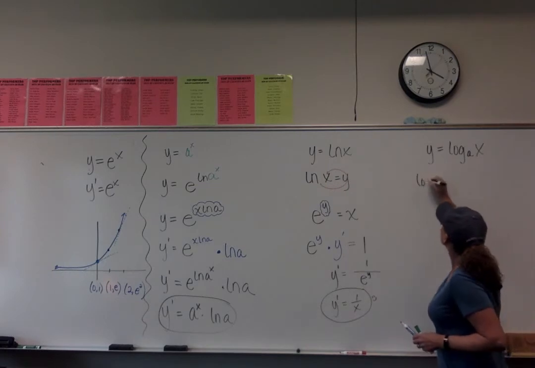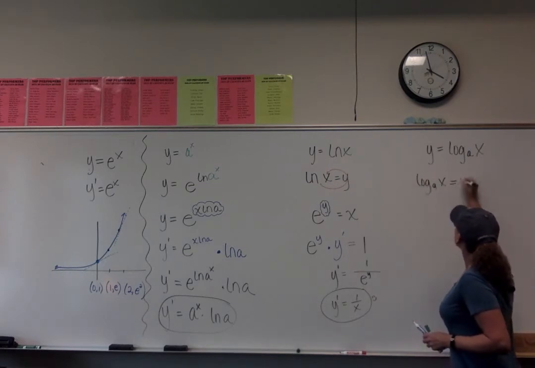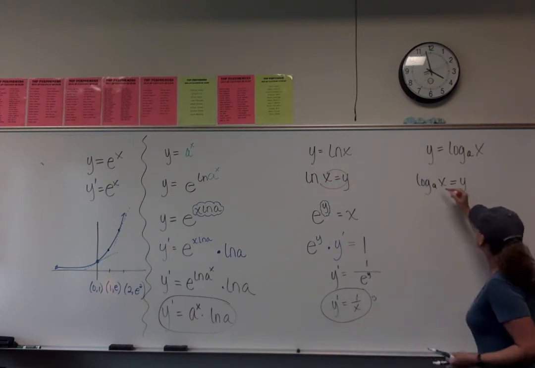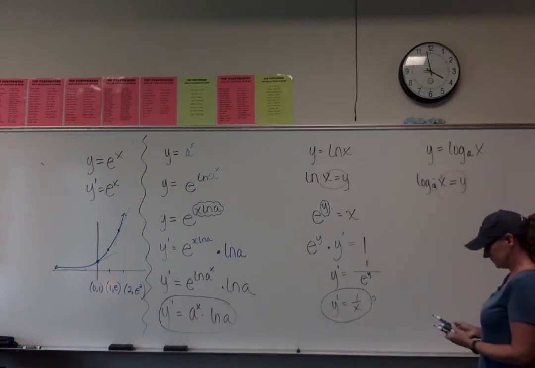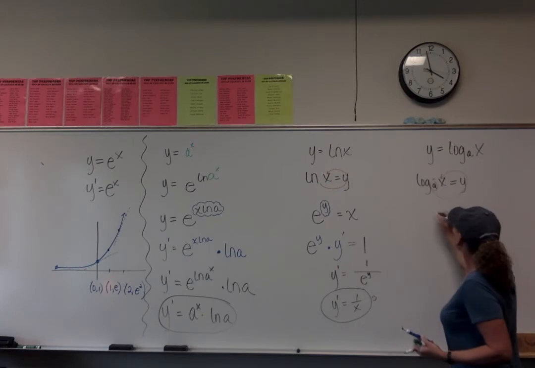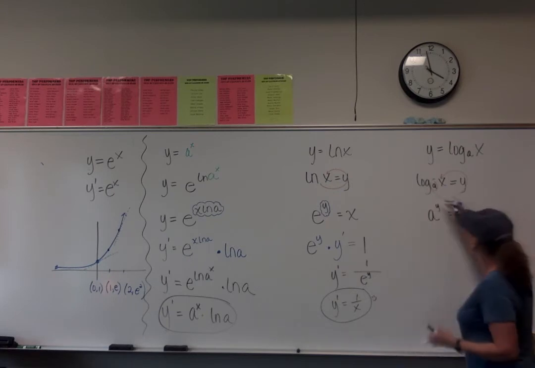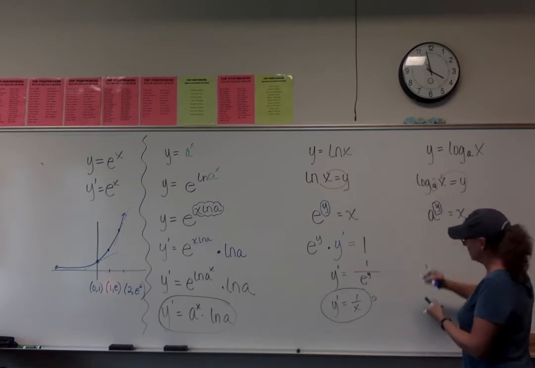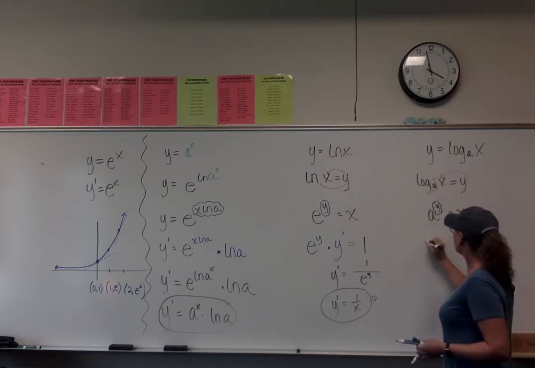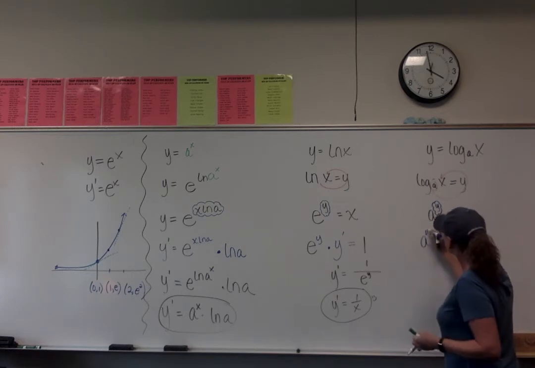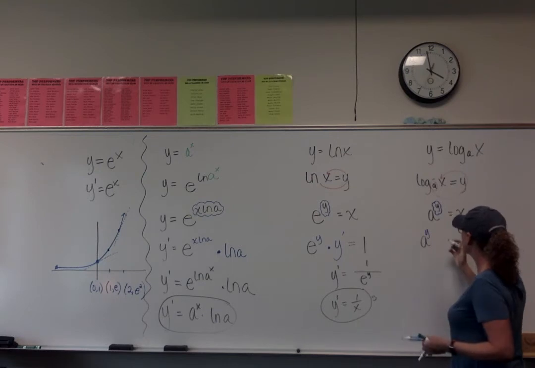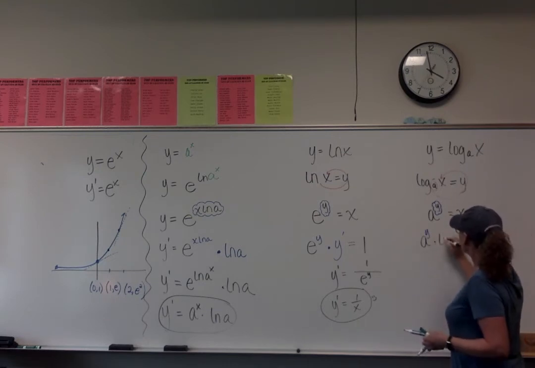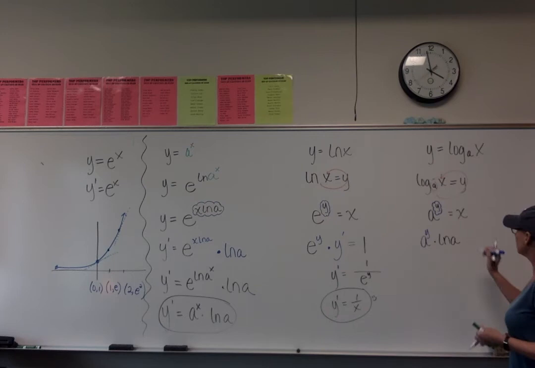Same premise. Log base a of x equals y. Pre-cal. I get a to the y equals x. This is messy. Do a derivative. A to the messy times natural log of a times the derivative of the messy, right?